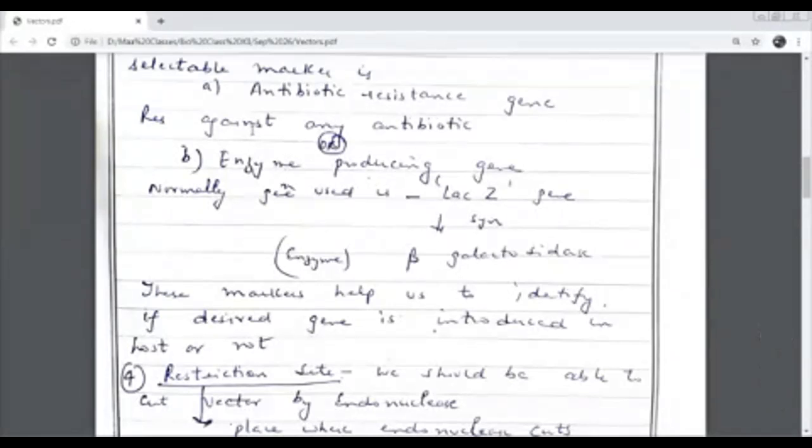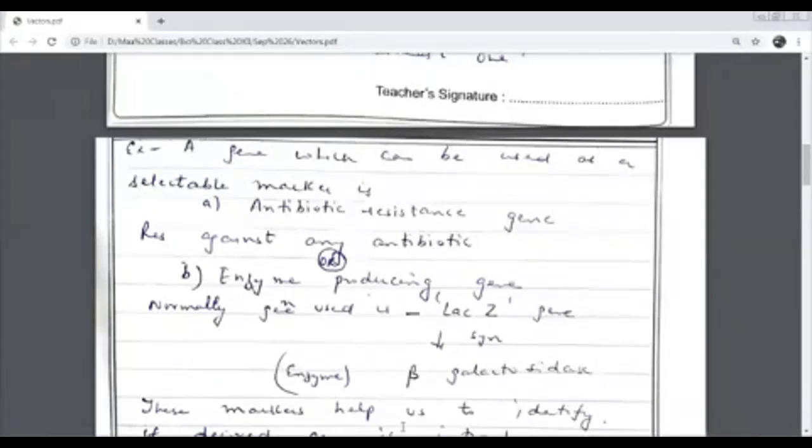If yes, that means my desired gene is already introduced into the host. Similarly, if the enzyme beta galactosidase starts being produced, that means this gene is already inserted. Which gene had I inserted here? LAC-Z.